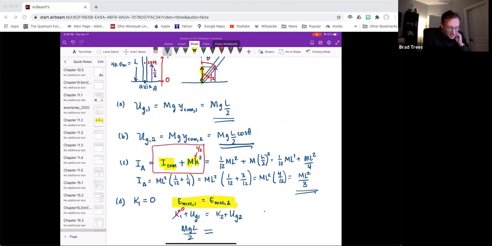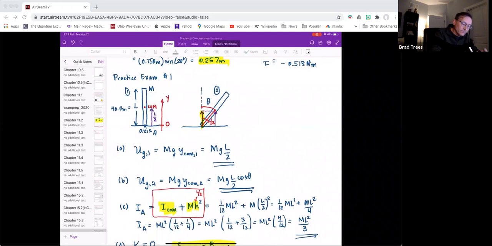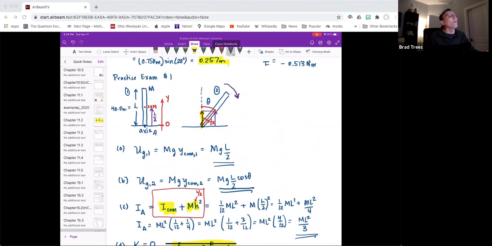Okay, next, K2. Now we're talking about picture 2. Please note, picture 2 shows the chimney in mid-fall. It's rotating, right? It's not going to stop there. That's just a picture we happen to draw. It's some arbitrary moment during the rotation, and it will have some angular speed, omega, at that moment.